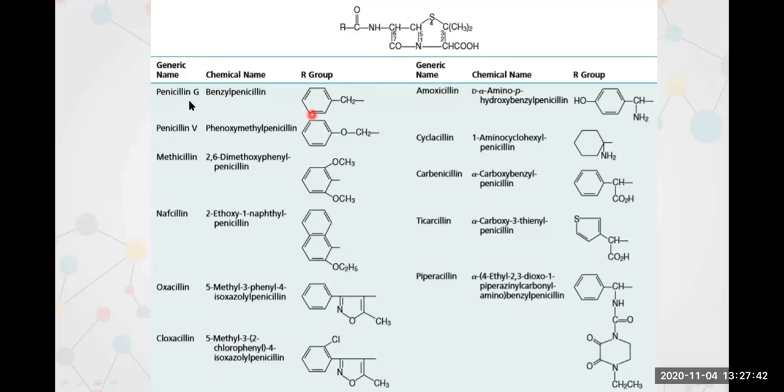It is also called penicillin G. If it is phenoxymethyl penicillin, then it is called penicillin V. Okay. Amoxicillin is the amino hydroxybenzyl penicillin. So at this methyl position, which is between the amide and the benzyl ring, there is an NH2 substitution. So why the NH2 substitution, why the carboxylic substitution at this particular methyl group, that we'll study today in the structural activity relationship.